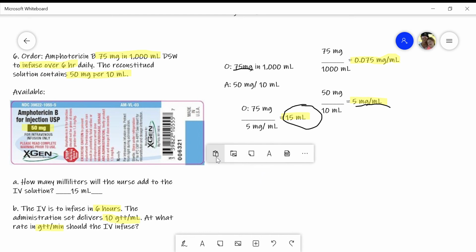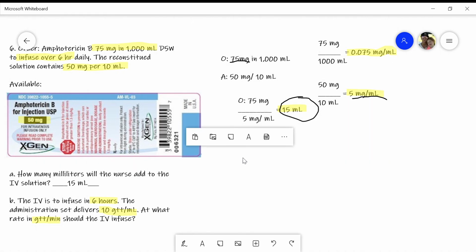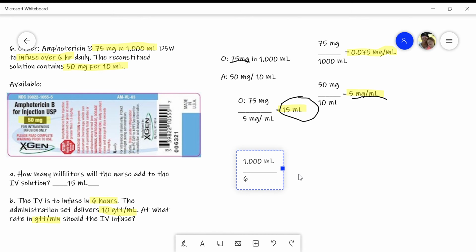So if it's 10 GTT a milliliter, okay. So we've got the 1,000 milliliters total, which is our IV. That's what our total infusion is. And we need to divide that by the 6 hours we want it to infuse over.